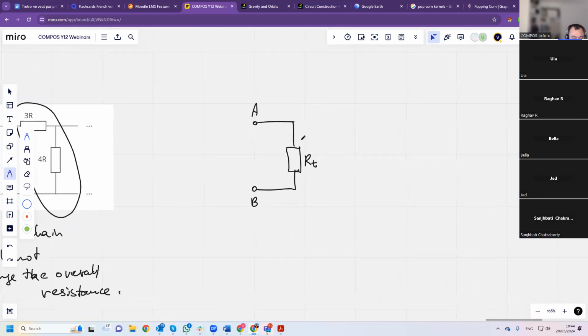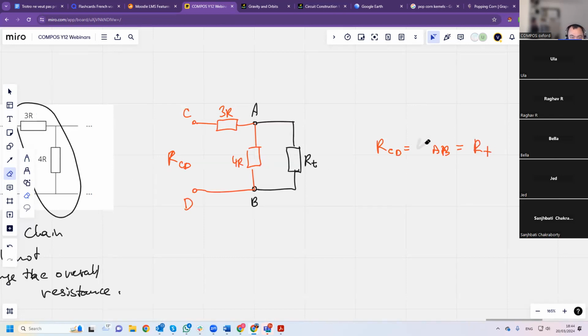Therefore, if I replace the whole chain with RT and put another 4R and 3R here, the resistance between, let's call it CD, resistance CD, would still be the same as the resistance between AB, which is the same as the RT. Or just simply that: resistance between C and D is exactly the same as R total.